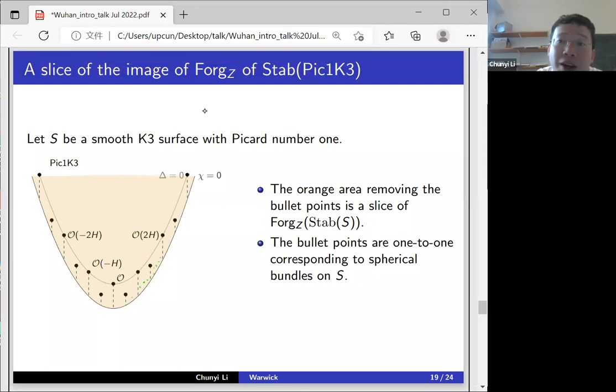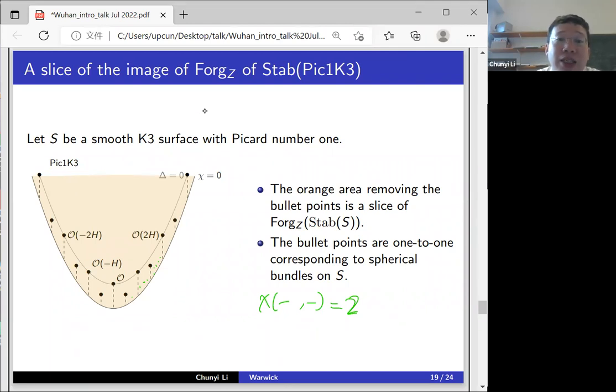There are infinitely many bullet points, each corresponding to a so-called spherical object or spherical vector bundle on this surface. There's a very complete numerical description for all of them, like a spherical bundle is determined by taking the Euler characteristic itself. It's fully numerical, telling you the position of all these spherical objects.